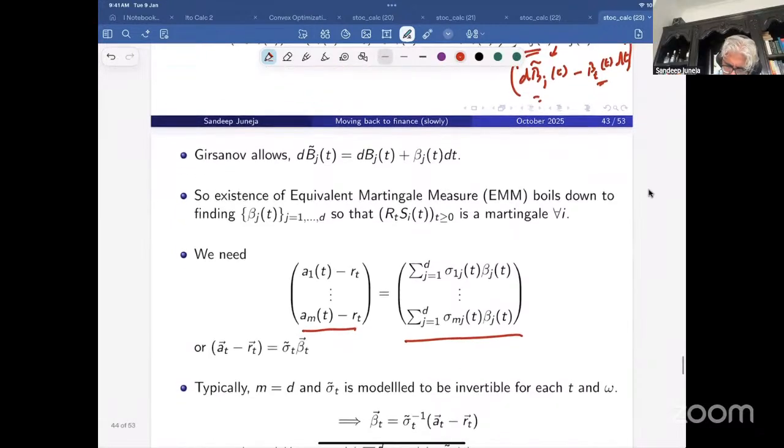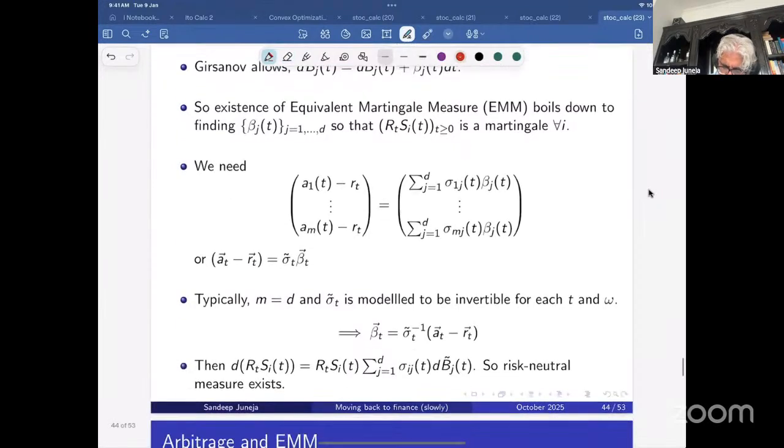And in shorthand matrix notation, we just need this vector a bar t minus r bar t, where r bar t is a vector with each entry r t, to be equal to sigma tilde t, a matrix of all these sigma i j t's, times beta bar t. So we just want a solution to this. And this is where Siddharth's question becomes relevant. For now, and that's typically done, we'll take m to be equal to d.